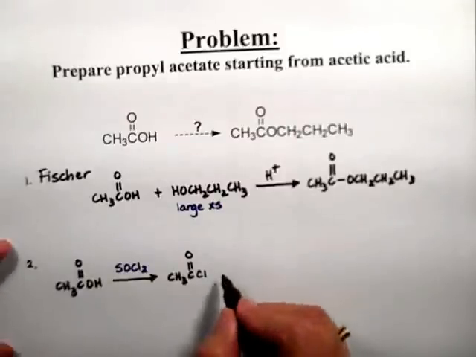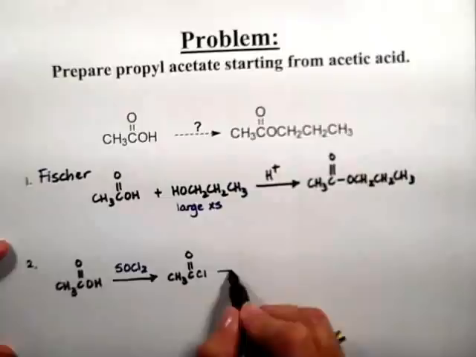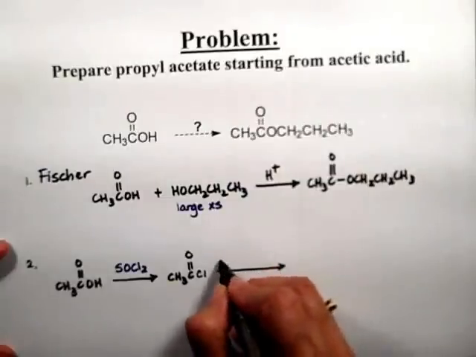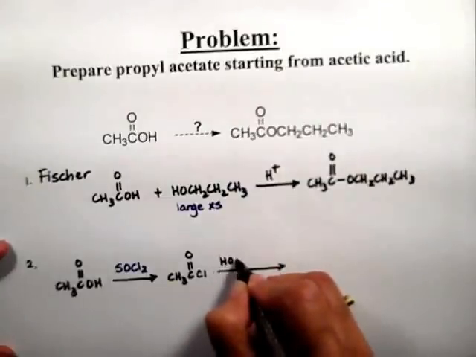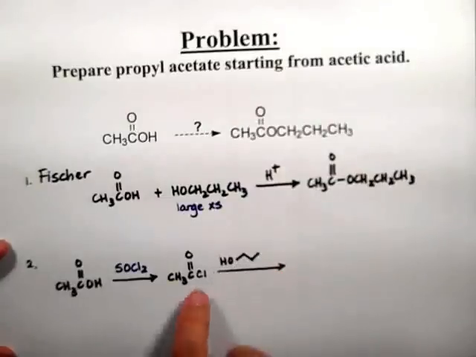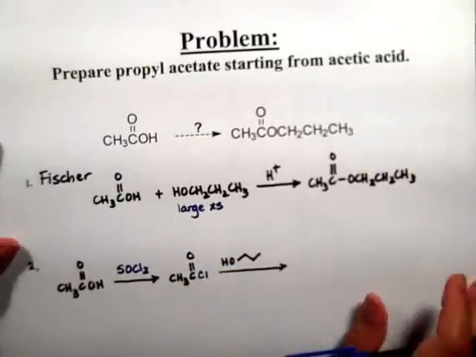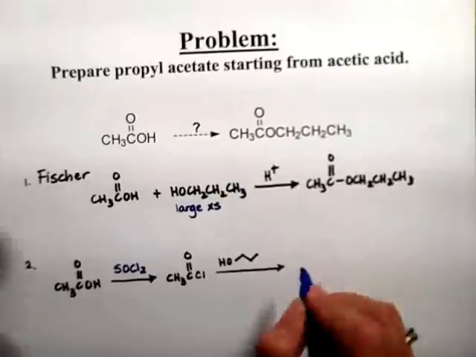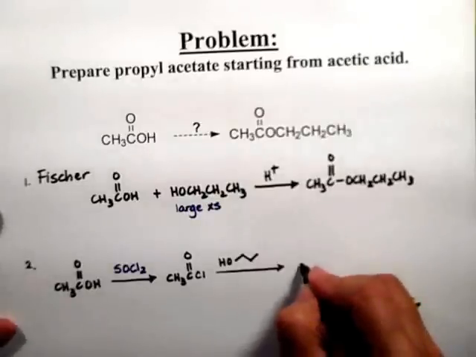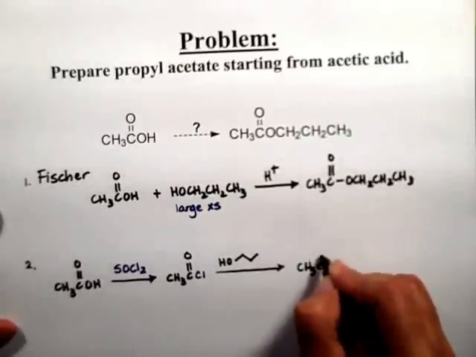And now it's a matter of adding propanol, but I don't have to use an excess anymore. Because this is the most reactive carbonyl, I only need just the right amount of propanol to get this reaction going.